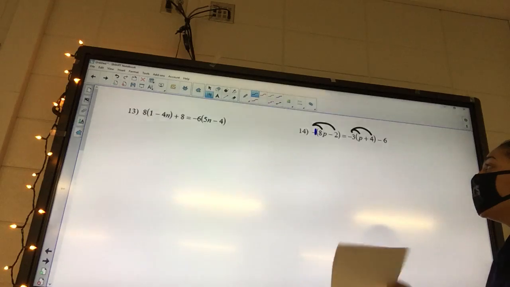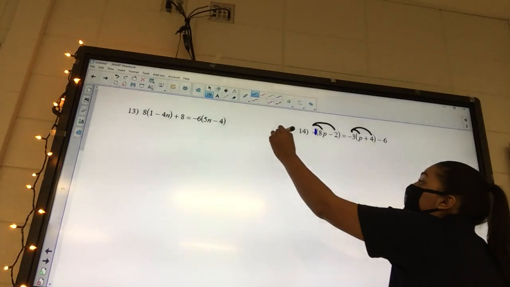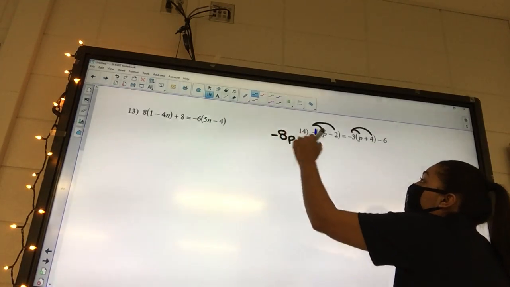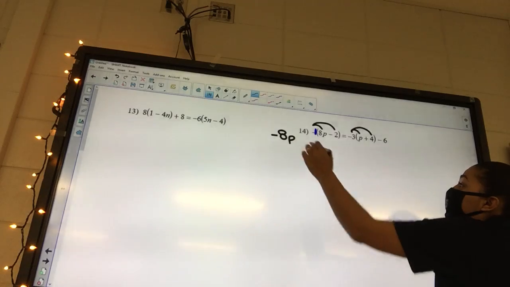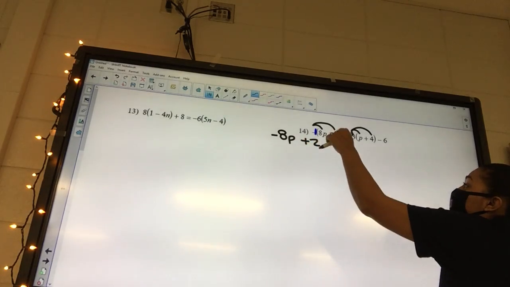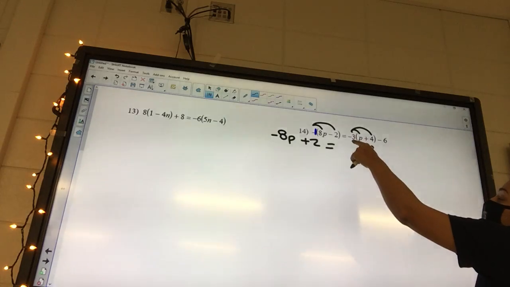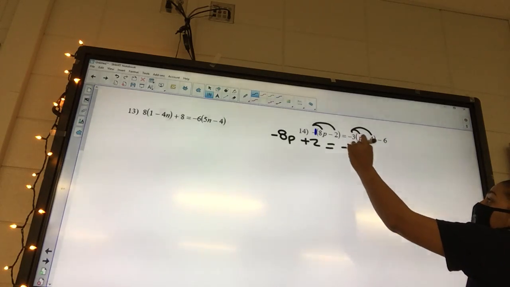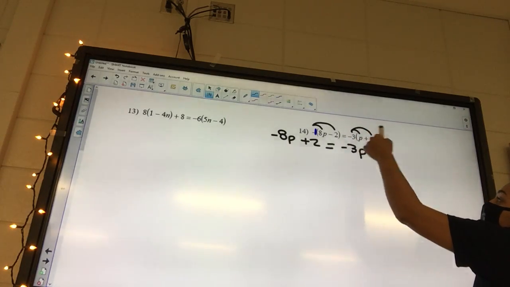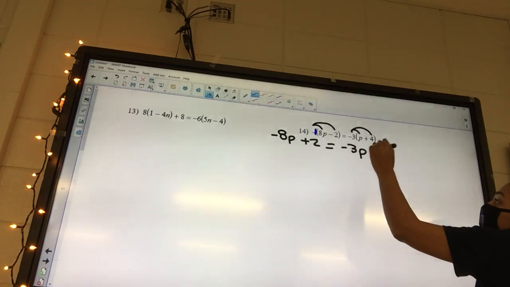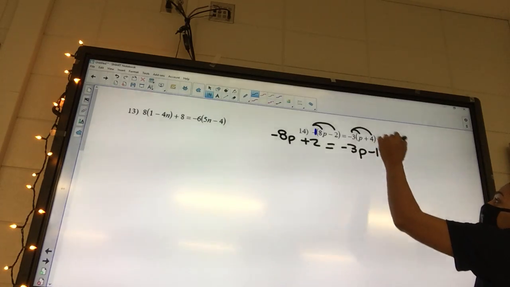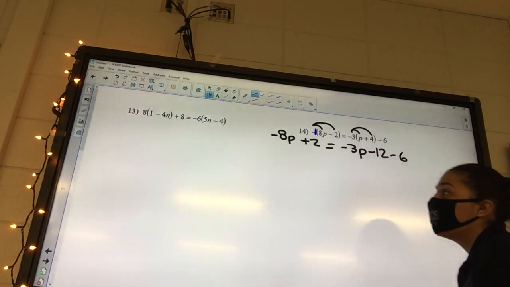Negative 1 times 8, it's going to be negative 8p. Negative 1 times negative 2, it's going to be plus 2, equals, and now we got negative 3 times p, negative 3p. Negative 3 times a 4, negative 12, and then I still got this minus 6 over here.